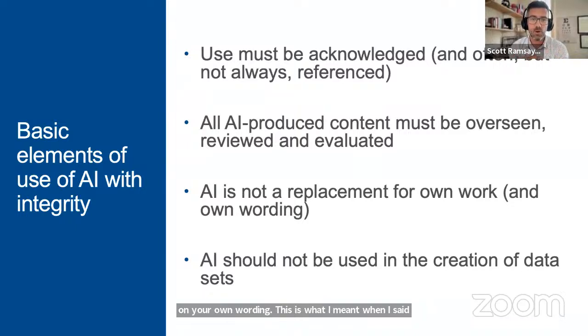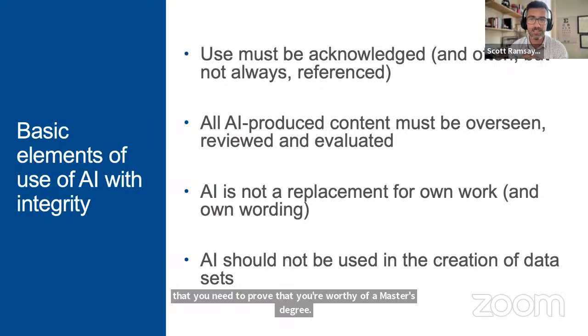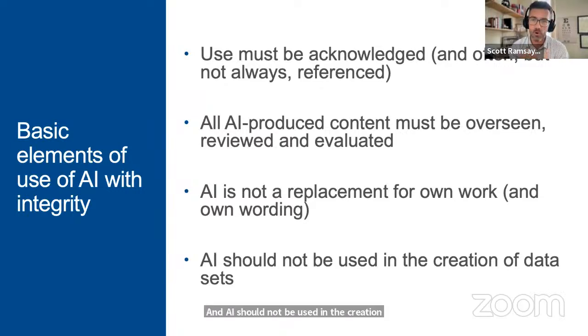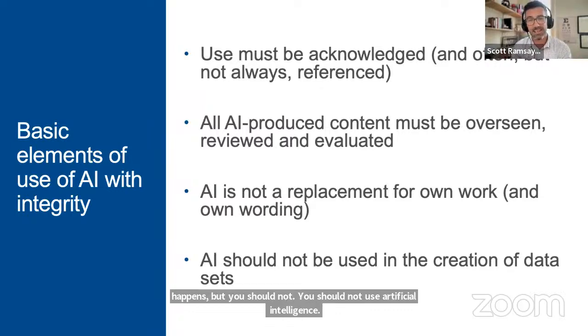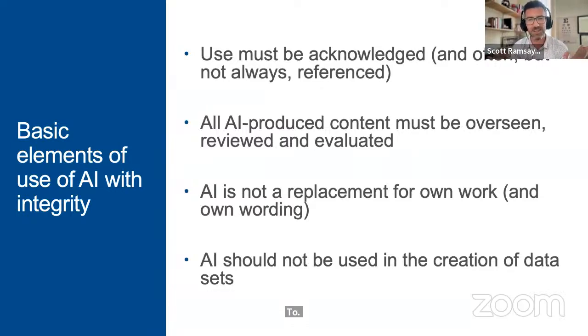And AI should not be used in the creation of data sets. So if you're working in a subject area where you need to analyze some information, right? That could be numbers, it could be survey responses, any type of data that you gather so that you can analyze. Even sources, right? I can't really imagine that this happens, but you should not use artificial intelligence to synthesize a historical document just because you think it would help complete your analysis.